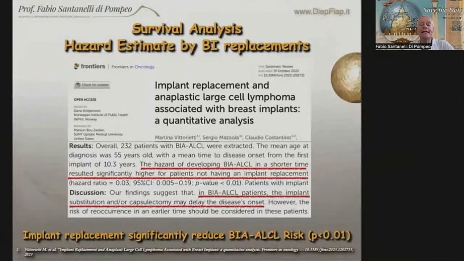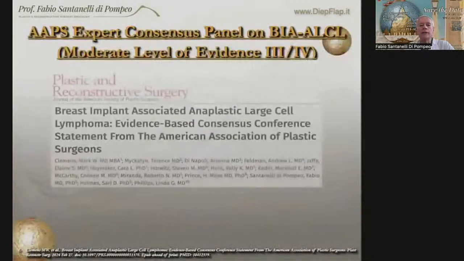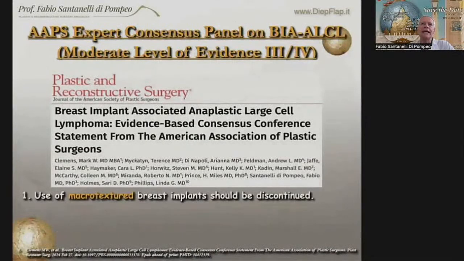So it's not only a study by Santanelli and my group, but also by another group from another part of Italy, in Sicily, independently from us, Dr. Vittorietti. So we have a consistent demonstration and evidence that prophylactic surgery can reduce risk.